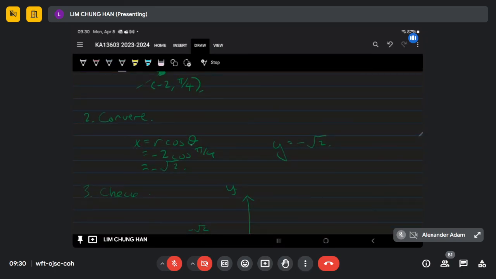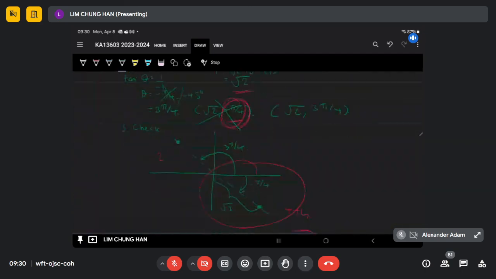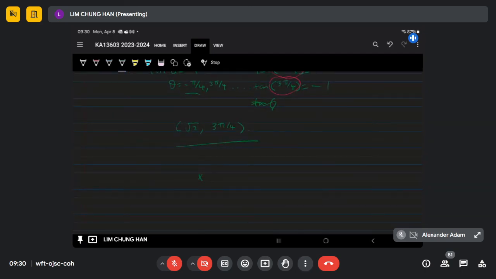You are not looking for theta. You find x, you find y. So there's no problem like that. The only time you have that problem is when you look for theta.